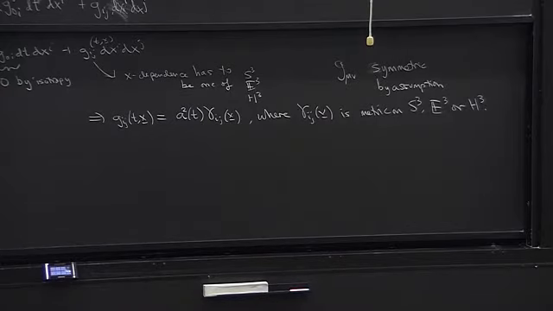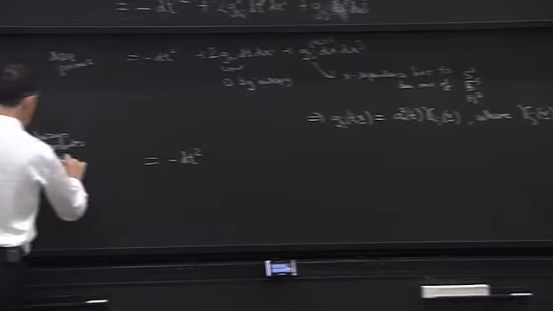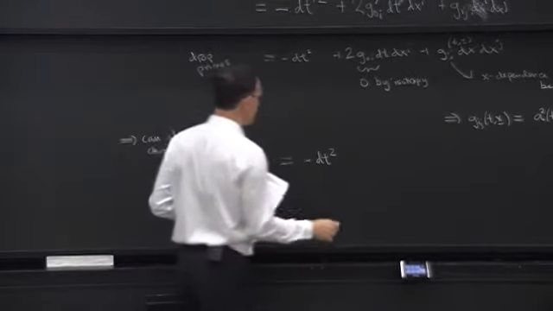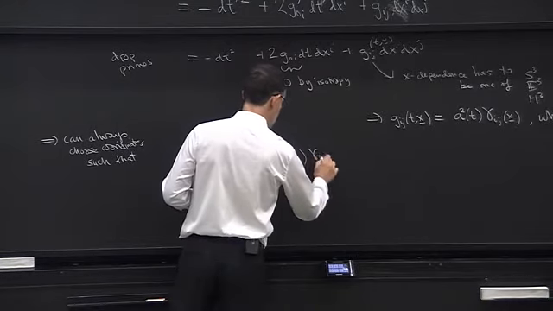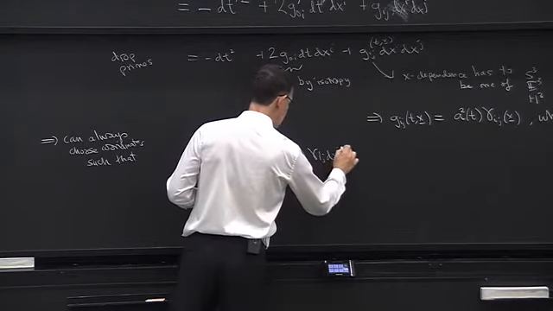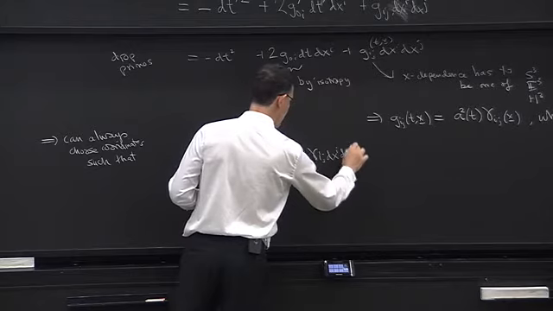Okay, so the result of homogeneity and isotropy is that we can always choose coordinates such that the metric, or the line element, is minus dt squared plus a squared of t, gamma ij, dxi dxj.